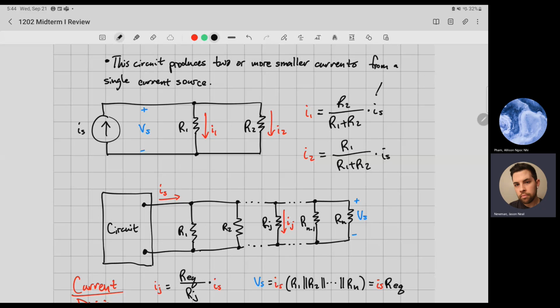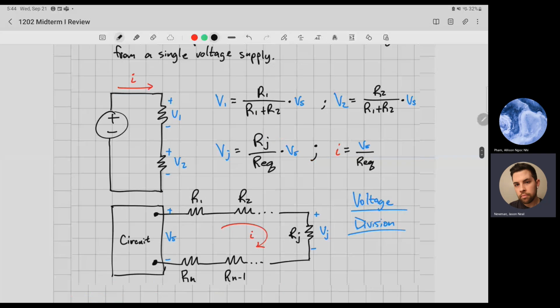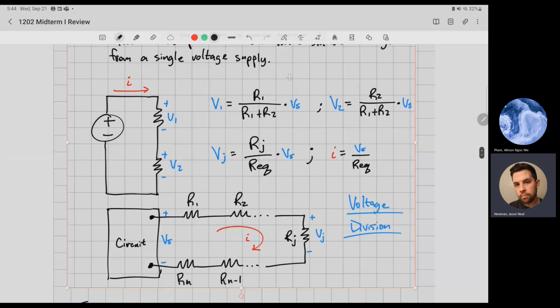So these are the equations you would use to solve a current division problem, only if you have 2 resistors in the circuit. Same thing with voltage division, I forgot to mention. Nobody ever tells you this, like nobody told me when I was learning this. These equations are very, very useful, but they're only used if you have 2 resistors. If you have 3 or more resistors, you have to use the general formula, which is Vj equals Rj over R equivalent times V source.